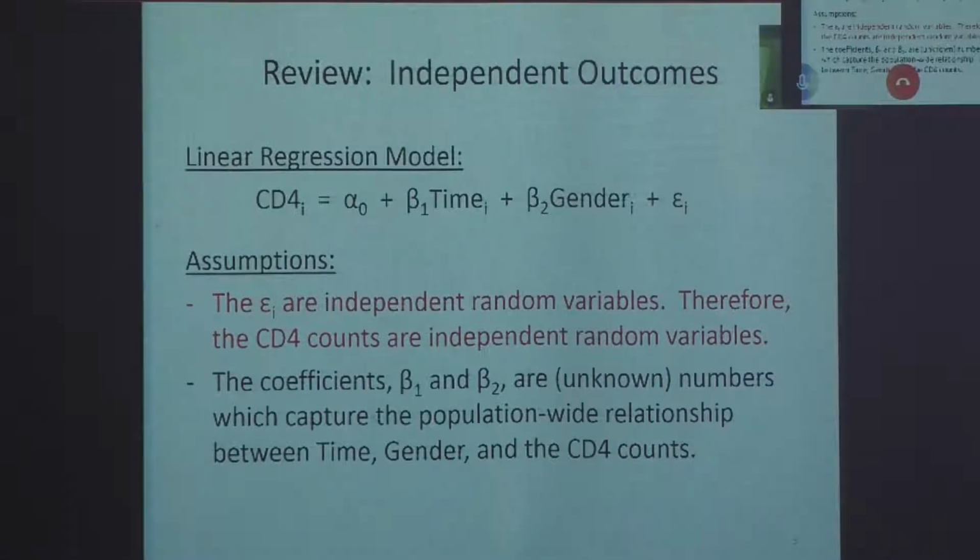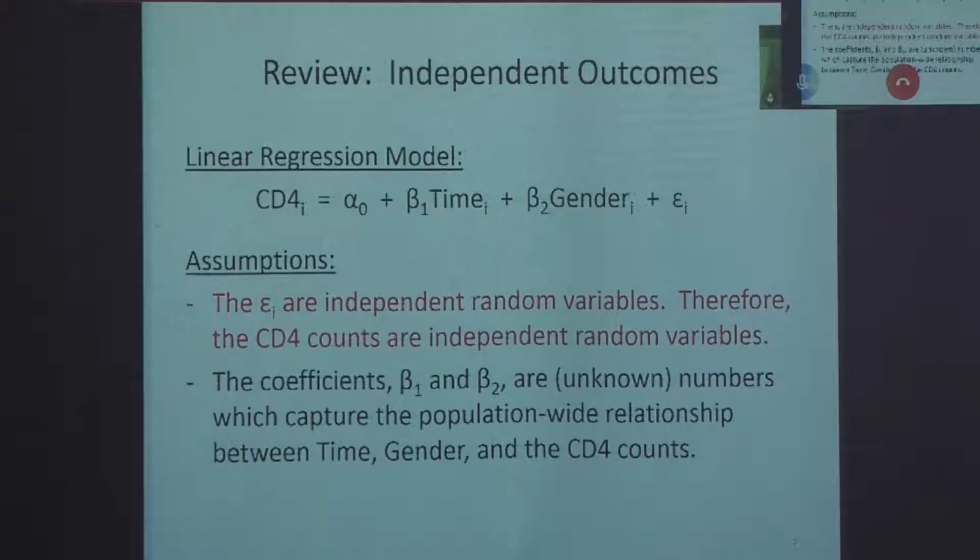And what we want is the software program to estimate how time affects CD4 counts and how gender affects CD4 counts. So beta 1, the coefficient for time, tells us for every unit change in time, and I'm measuring time in months, CD4 counts will go up or down by beta 1.